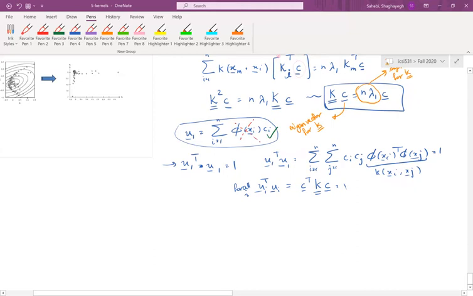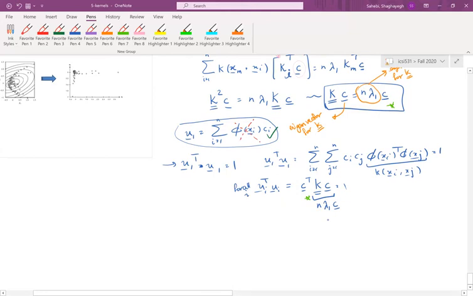But also from here, I have seen that this multiplication of the kernel matrix with C is equal to n lambda 1 C, right?